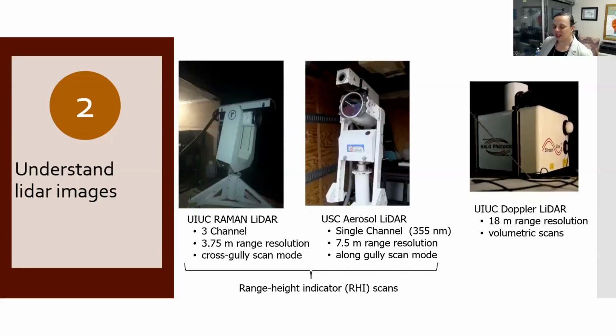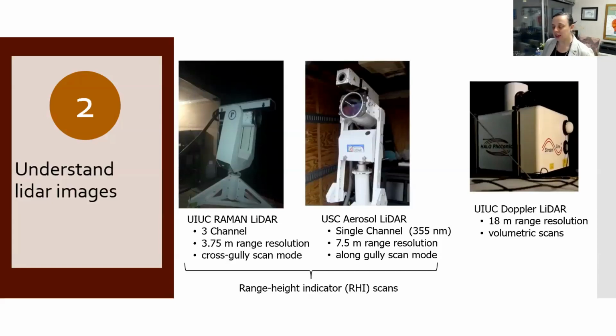The 2 on the left there, we call them mostly aerosol LiDARs, but one does have a Raman channel. They are very similar in their functionality, although the University of Illinois model is slightly newer and upgraded to the USC LiDAR. It has a better range resolution.